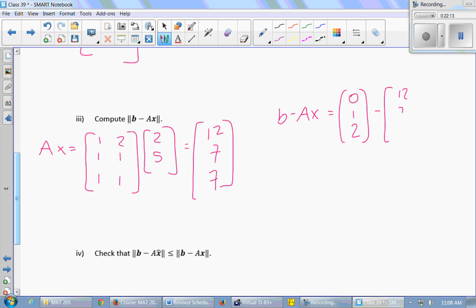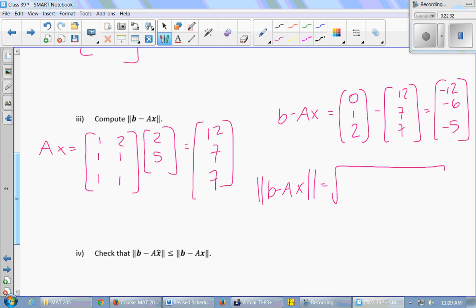minus 12, 7, 7 is negative 12, negative 6, negative 5. And then I want the length of that vector. The length of B minus AX is the square root of 144 plus 36 plus 25, which is radical 205.